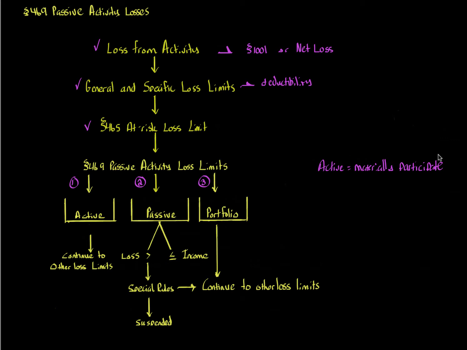Now, a taxpayer materially participates in an activity if he or she is involved in the operations of the activity. And these are really important. There's three things to really key in on.